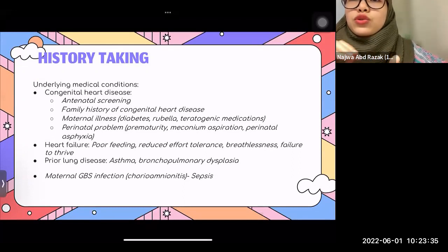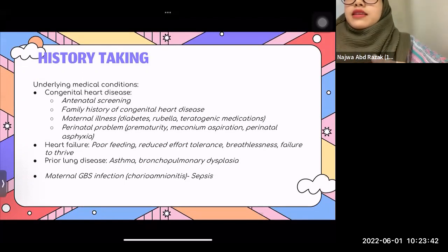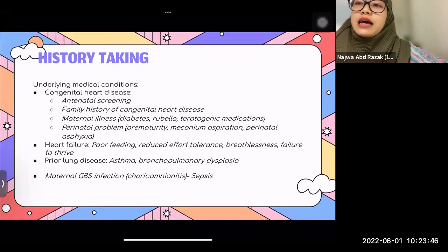And then we should also ask for heart failure symptoms: poor feeding, reduced appetite tolerance, breathlessness, failure to thrive as well. And then any prior lung disease, asthma. For asthma, it is important also to ask for family history of atopy. In a case of neonatal sepsis, not to forget to ask the mother if she has maternal GBS infection.